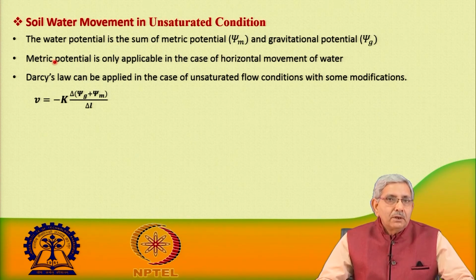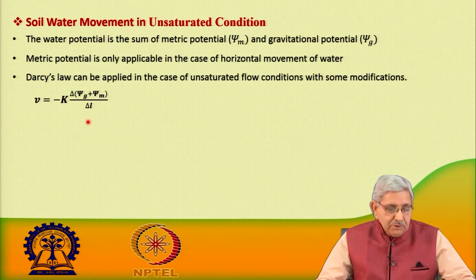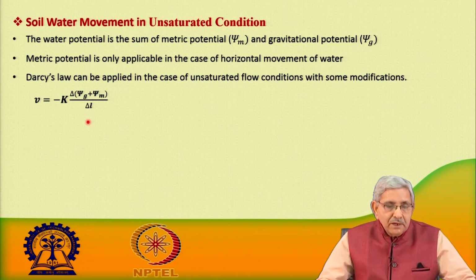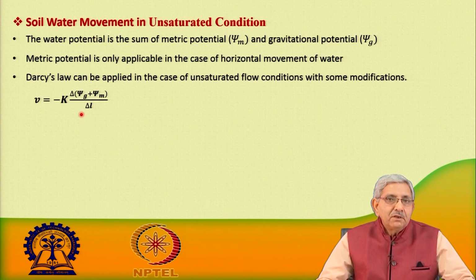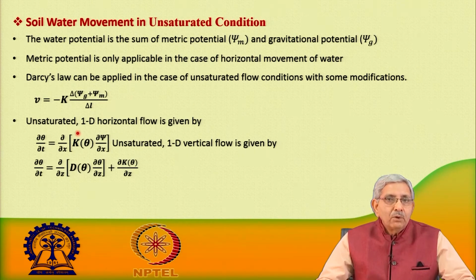So, the rate of flow, that is the velocity of flow, can be given by minus K times delta psi g plus psi m, where psi g is the gravitational potential and psi m is the matric potential, divided by L, that is the gradient it maintains.